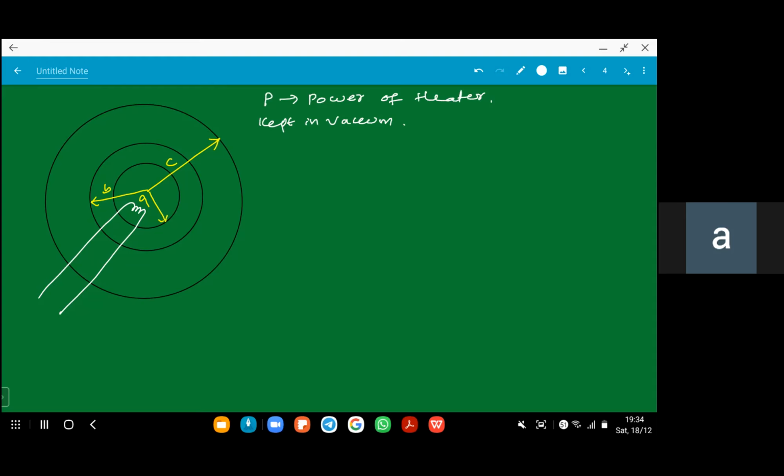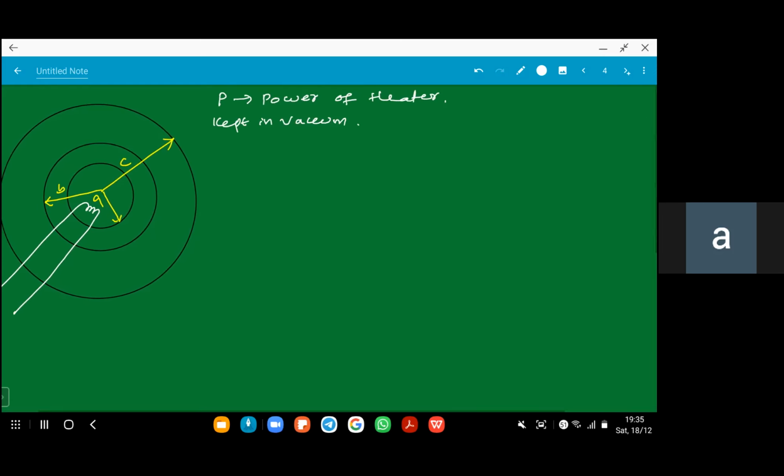Right? Now, what am I going to do with this? First, the way I have done the previous one at steady state, I will take each shell. Now, I will take the steady state equation for the innermost shell. Now, it is difficult to draw free body diagrams, right?